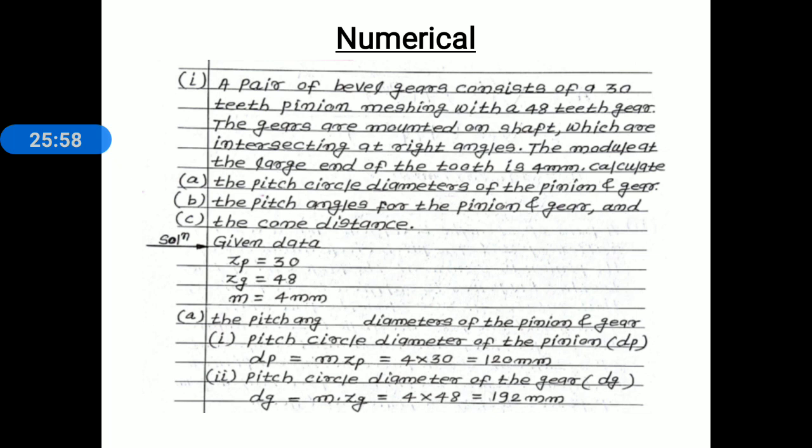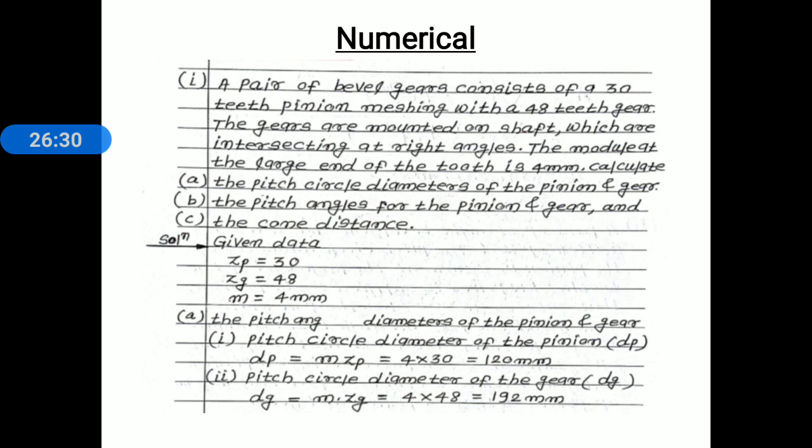Now let me start solving this problem in 3 steps. First of all, we find out the pitch circle diameter of the pinion and gear. A, the pitch circle diameter of pinion and gear. In that, first the pitch circle diameter of the pinion, D suffix P, is equal to M into ZP. M is 4 and ZP is 30, and we get a pitch circle diameter for the pinion of 120 mm.